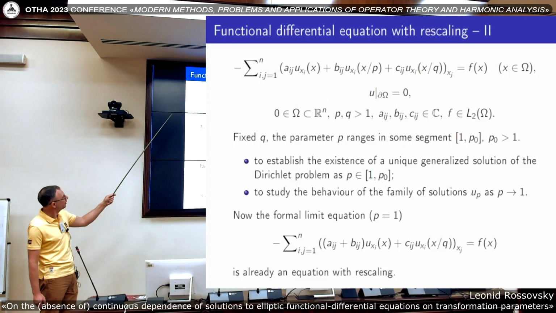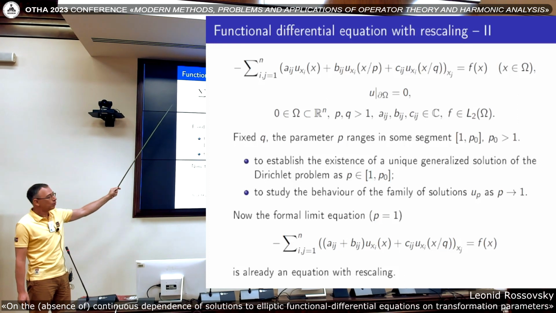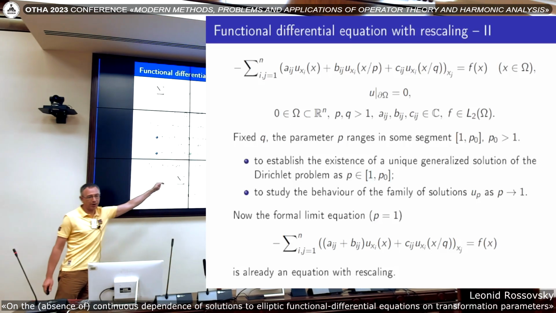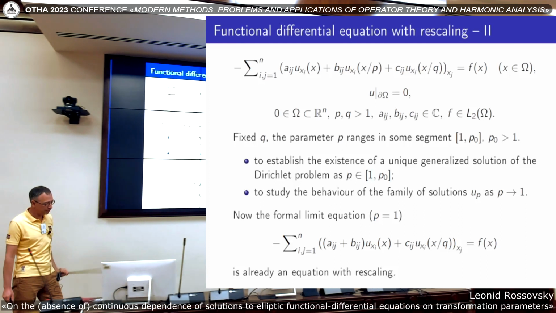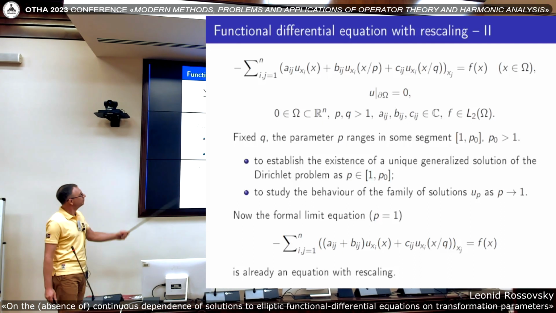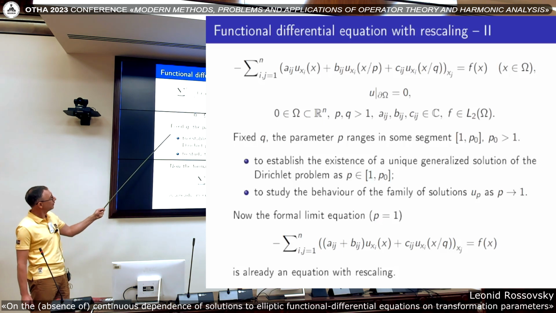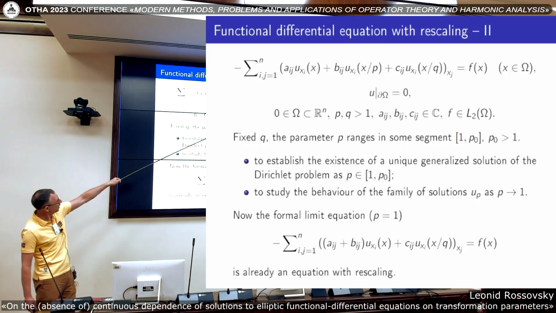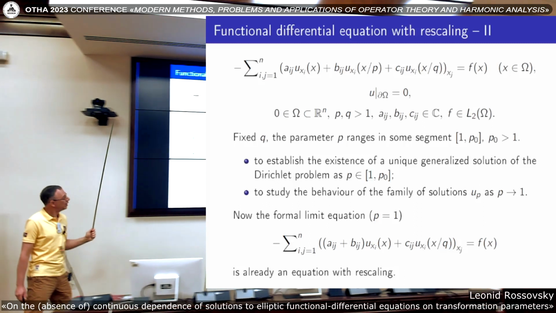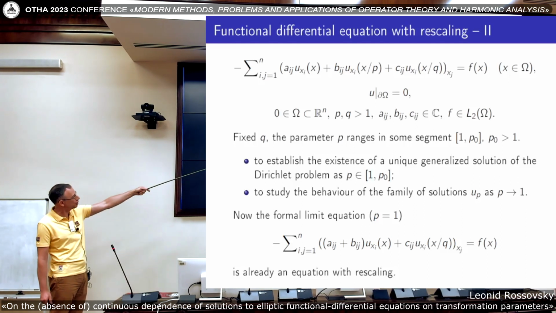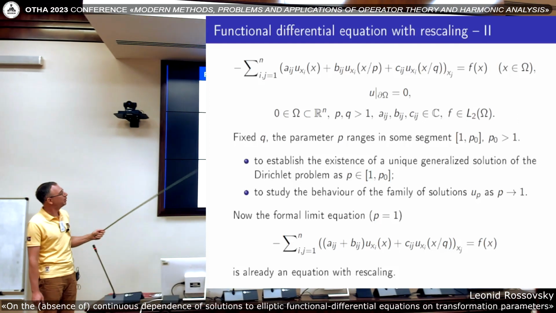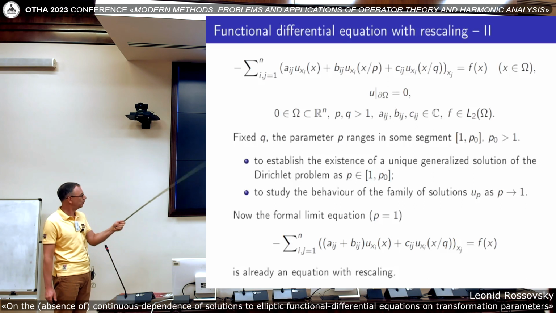Next, we make the situation a bit more interesting. We consider an equation with two independent scaling parameters, unlike in the previous case. And we fix one of them, Q, and let the parameter P range in some segment. And we want to establish the existence of a unique generalized solution of the Dirichlet problem as P runs through this segment, and to study the behavior of the family of solutions UP as P goes to 1.